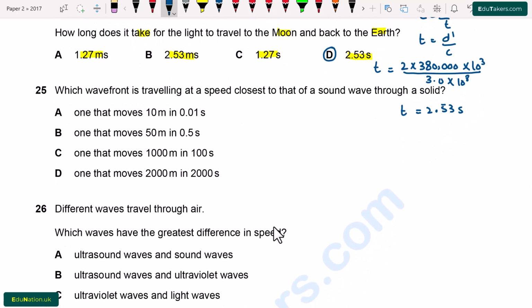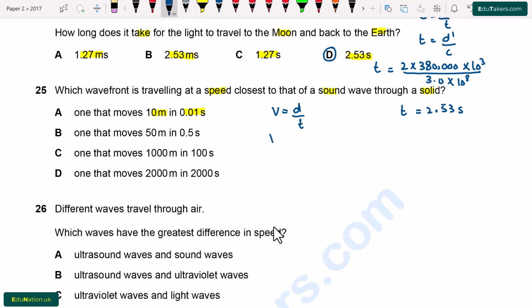Question number 25. Which wavefront is traveling at a speed closest to that of the sound wave traveling through a solid? Option A, one that moves 10 meter in 0.01 second. Here we have to find out the speed. So I use V is equal to D by T because here distance and time is given.